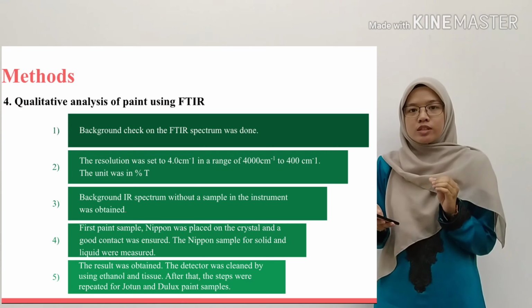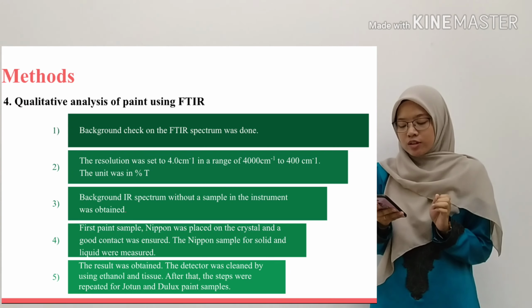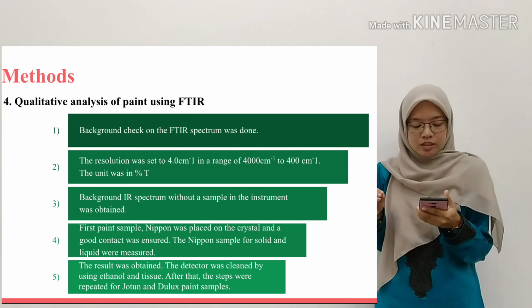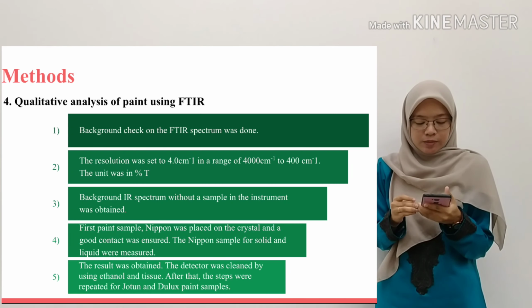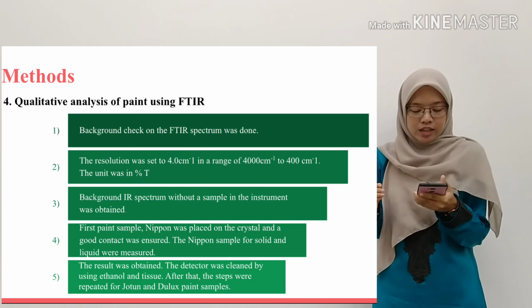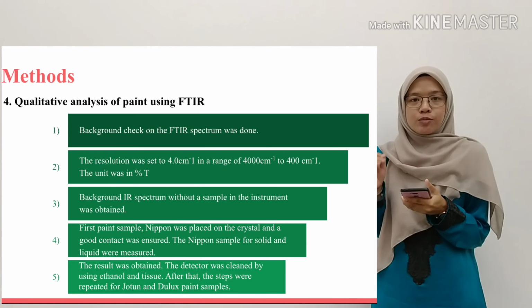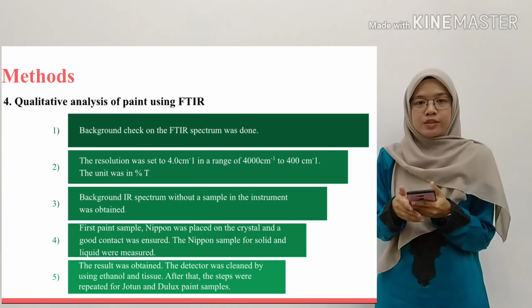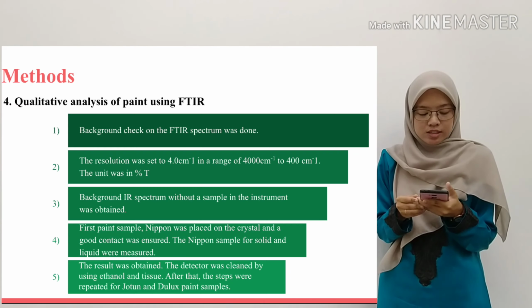And then the sample paint, liquid and solid, was measured. From the results obtained, we record them, and the detector we clean with a wet tissue with ethanol. After that, we repeat the same steps for Deluxe and G2&G sample paint.